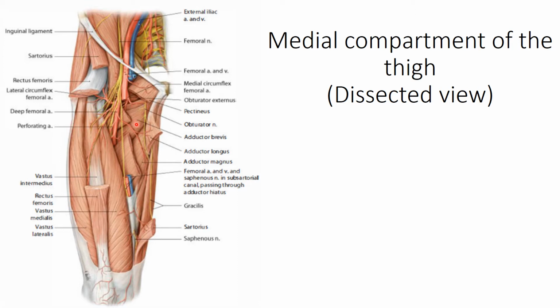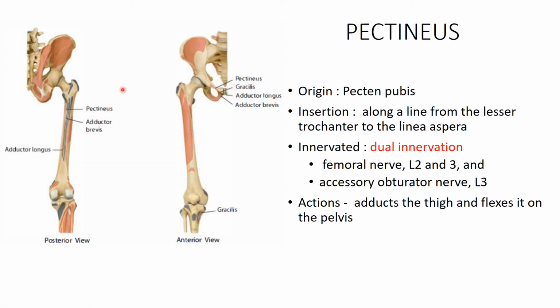Since the adductor longus has been cut, we can appreciate the deeper lying adductor magnus. Also, we can visualize the vascularity and the innervation of the obturator nerve in the dissected view. So we start with the muscles.